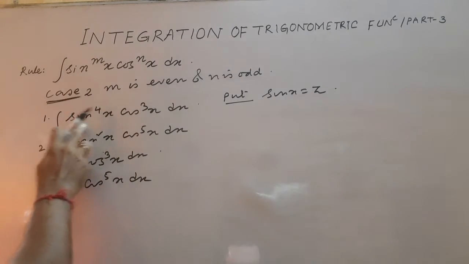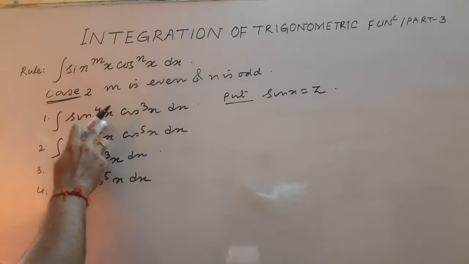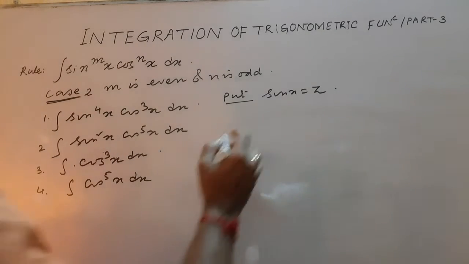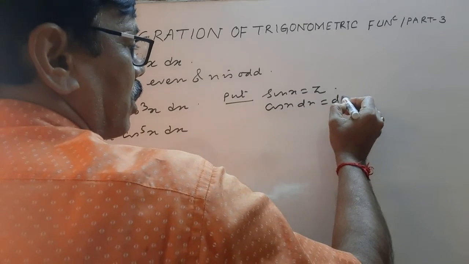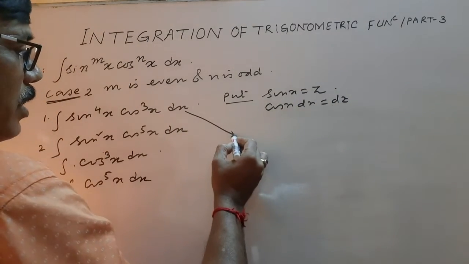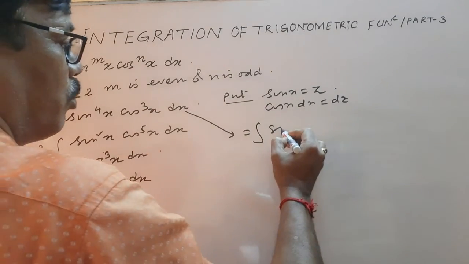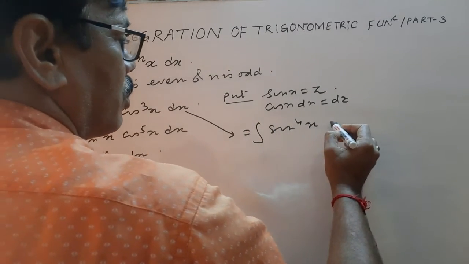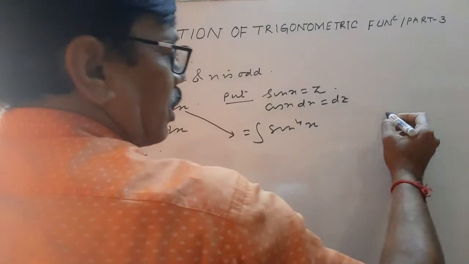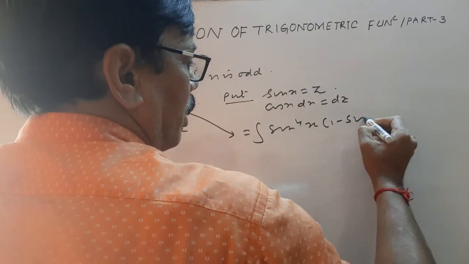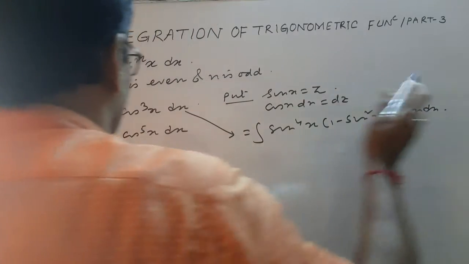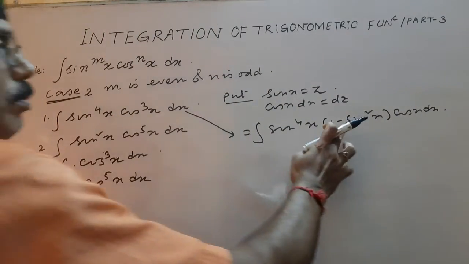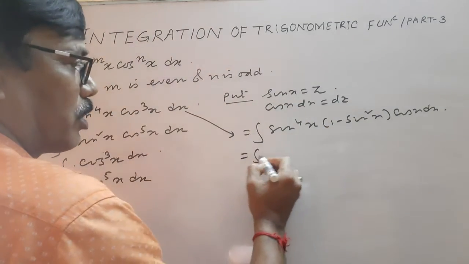So m, the power of sin x, is even. So put sin x equals z. So cos x dx equals dz. Now exactly the same. So sin to the power 4x unchanged, one cos x dx unchanged. This is 1 minus sin square into cos x. So cos cube x is 1 minus sin square into this.